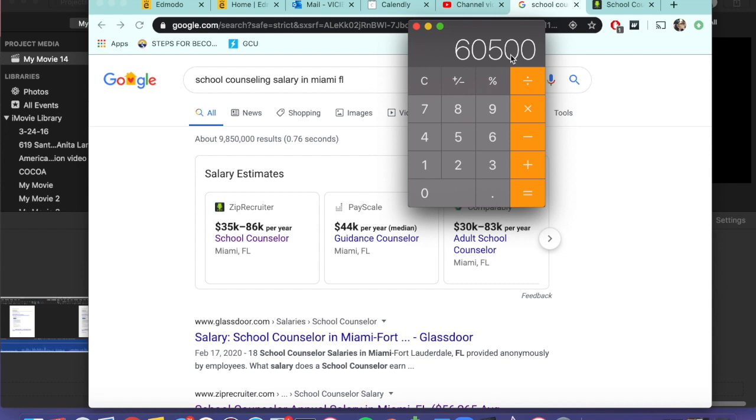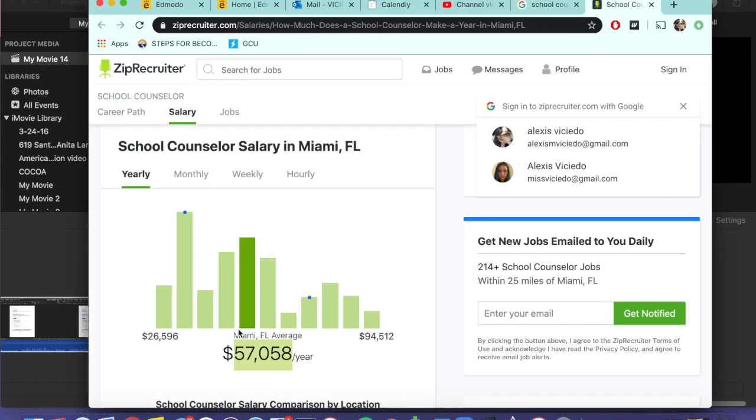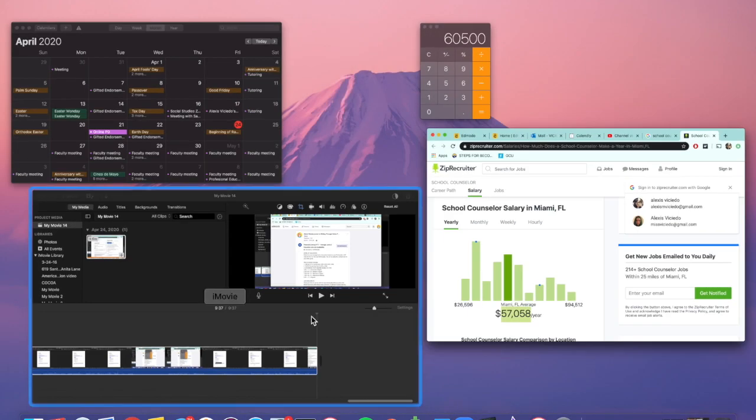So that would be $60,500, give or take, as the average. That's how you would figure that out. But if you can find a set amount like this, then this is what we're going to do.